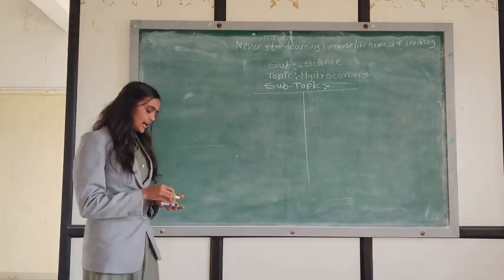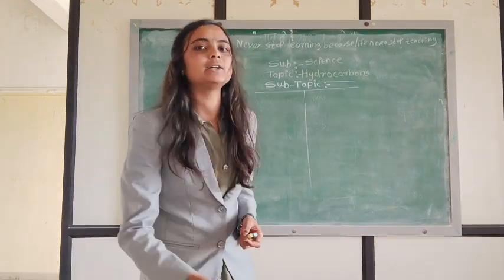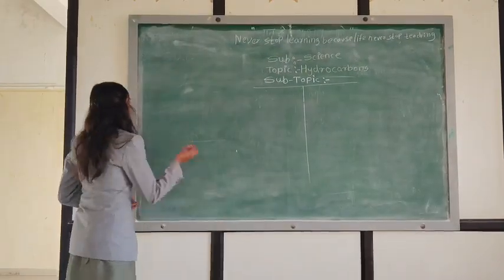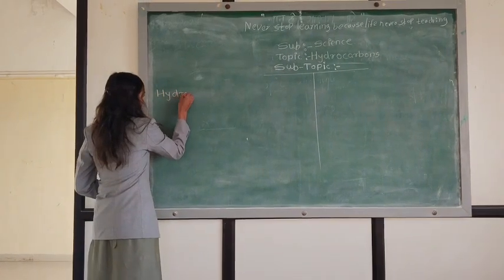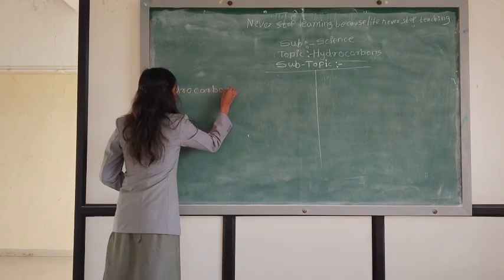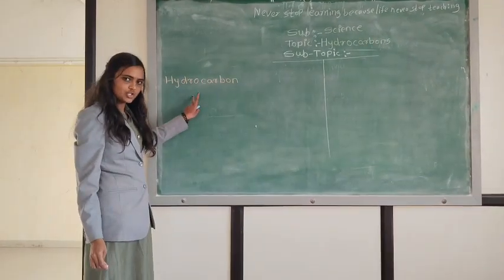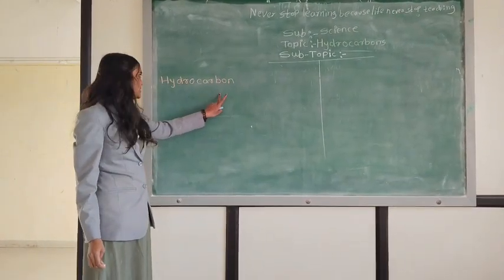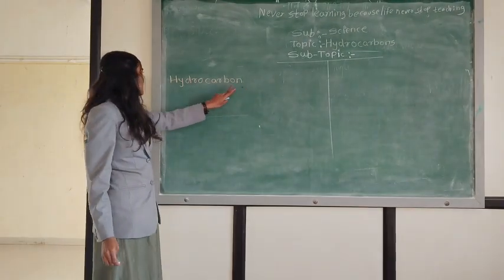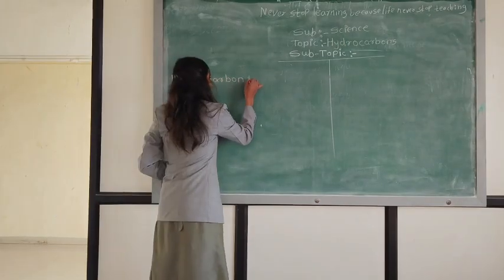So what is meant by hydrocarbons? Hydrocarbons are nothing but the carbon compounds. Hydrocarbons are the compounds which contain only hydrogen and carbon. The word hydrocarbon itself says that it contains hydrogen and carbon.